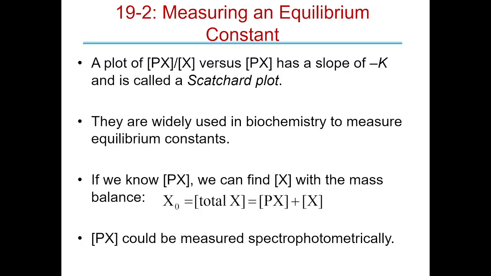Well, remember, we have all these spectroscopic techniques now to determine concentrations. So what do you think we're going to use? Spectroscopy, of course. Specifically, applied spectroscopy, so spectrophotometrically, we can measure the PX.